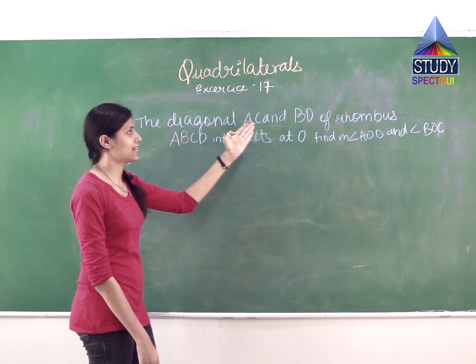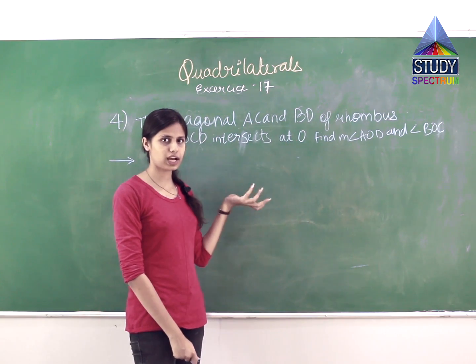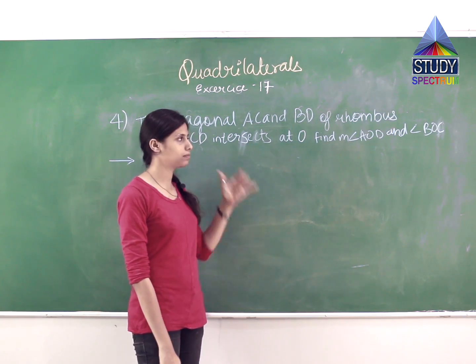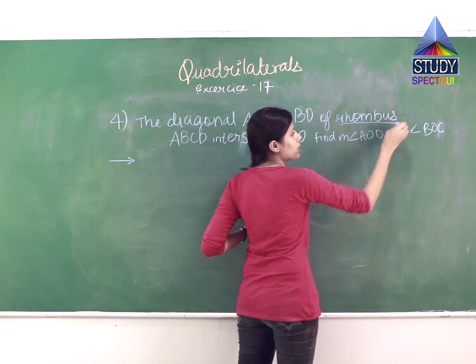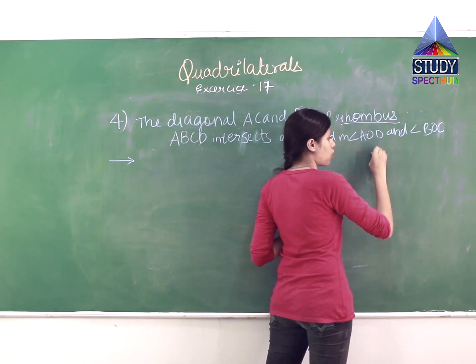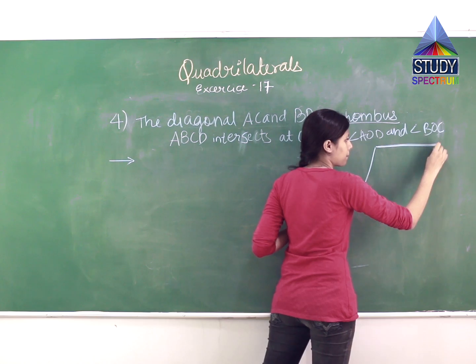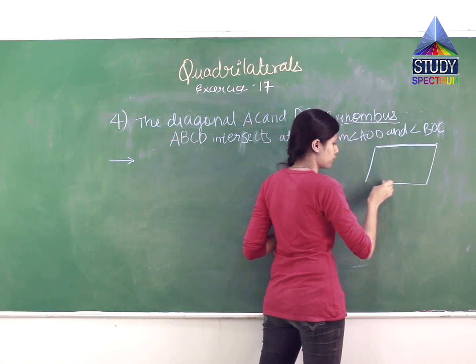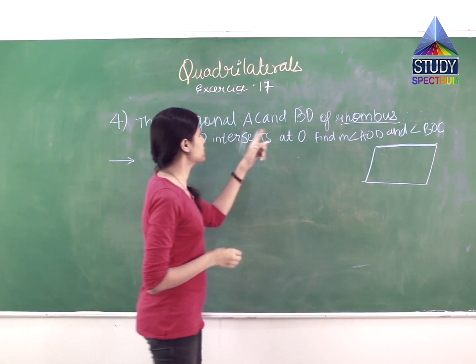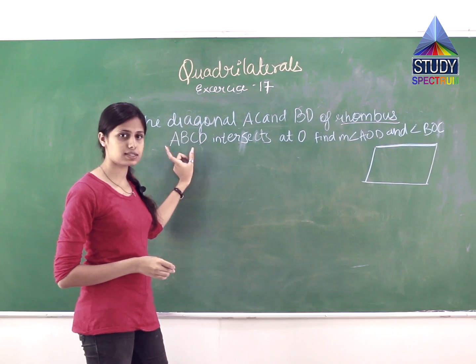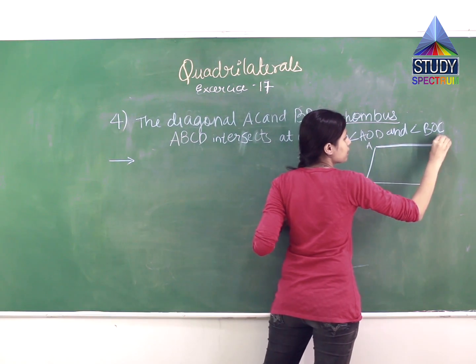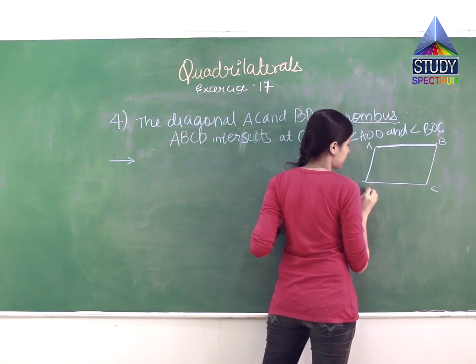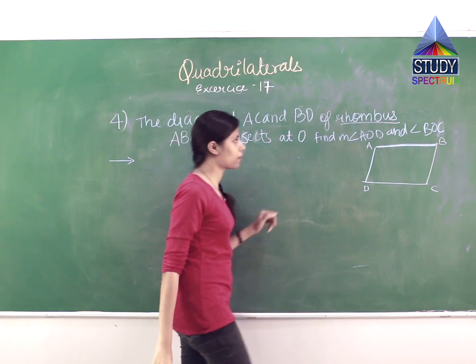The diagonals AC and BD of rhombus. So first let us draw the diagram, then we'll come back to the statement. So let us draw a rhombus. And what is the name of this rhombus? ABCD. So A, B, C and D. This is the name of the rhombus.